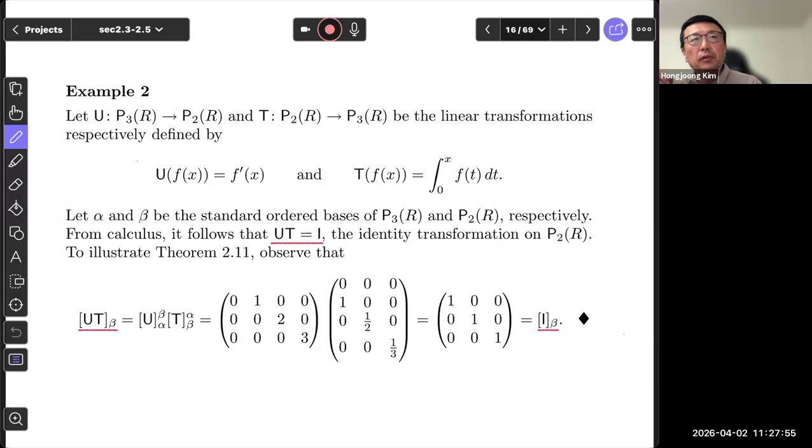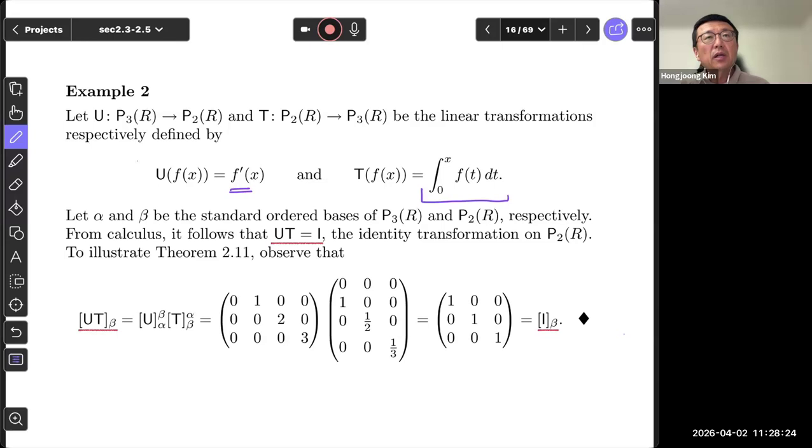So here is an example. Suppose that U represents the linear transformation differentiation, and let me consider this mapping from P3 to P2. We observe that this is a linear transformation, right? And T is a linear transformation from P2 to P3, and now I want to consider integration.